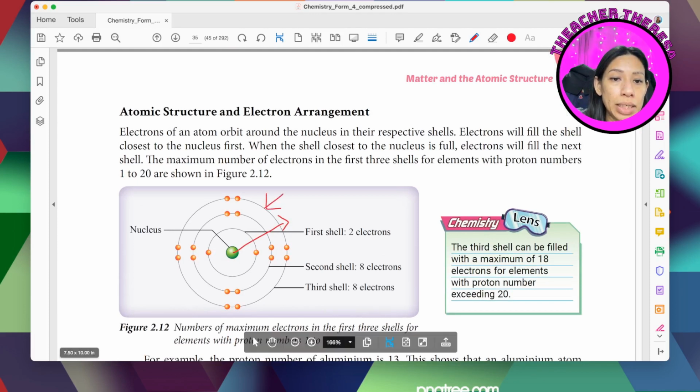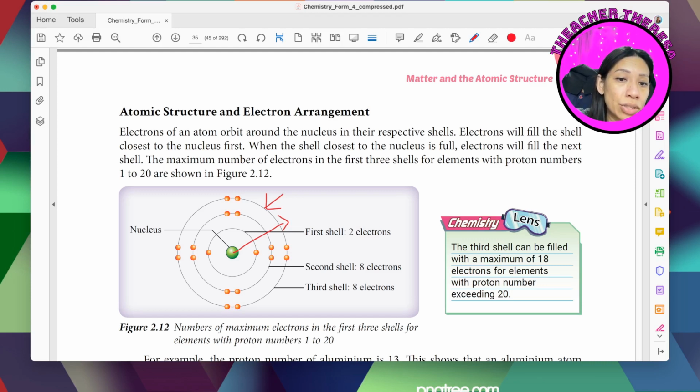Normally, if an atom only has one electron shell, that means the atom is smaller. So if it has one shell, in order for it to be called a stable atom, the valence shell must have 2 electrons. So that's called duplet.